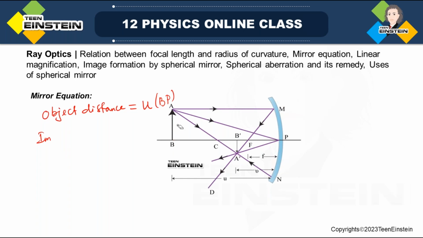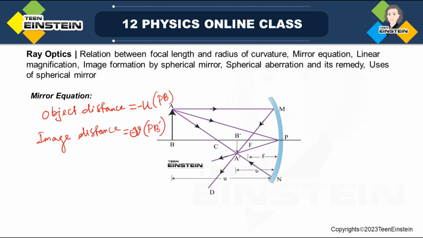In fact, we should write PB because we measure the distance from the pole, or the origin. The image distance is always denoted by small v, and in this case it is PB prime. This is measured from the pole towards the left, so in this case it will be negative.